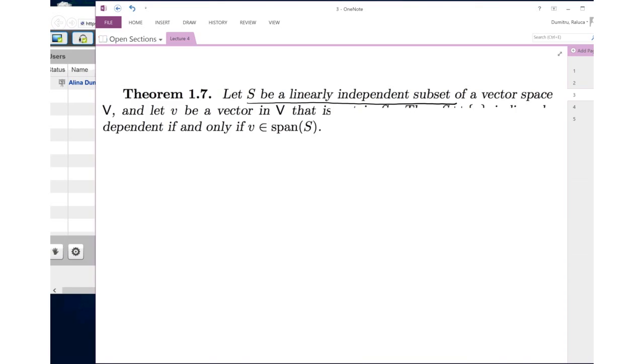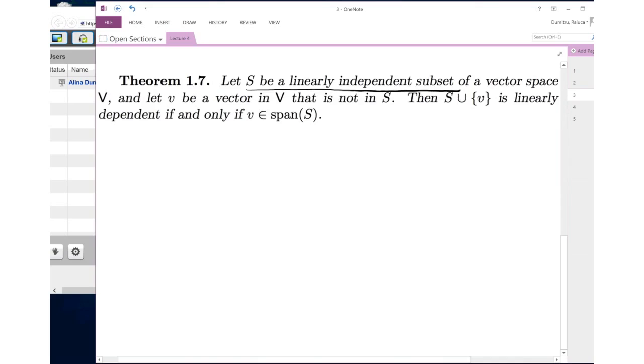I have a linearly independent set of vectors, and I'm wondering what happens if I add an additional vector to it. Here's exactly what happens. If the vector that I'm adding to my set is in the span of the original set, then the larger set becomes dependent.